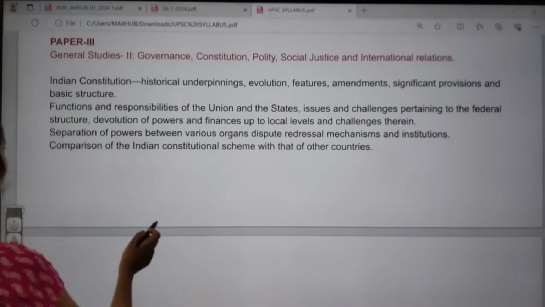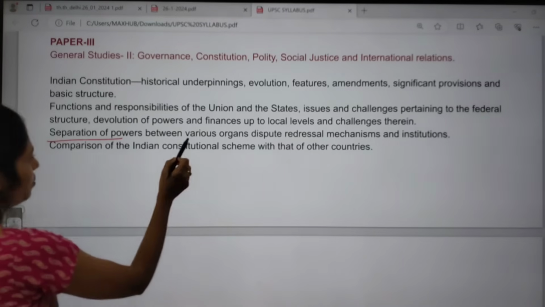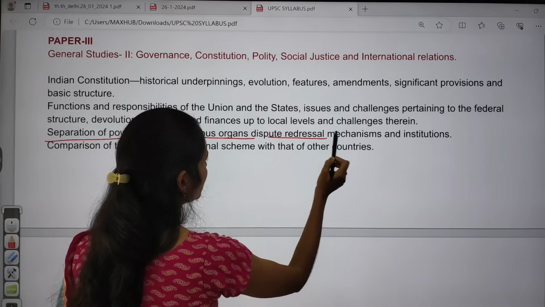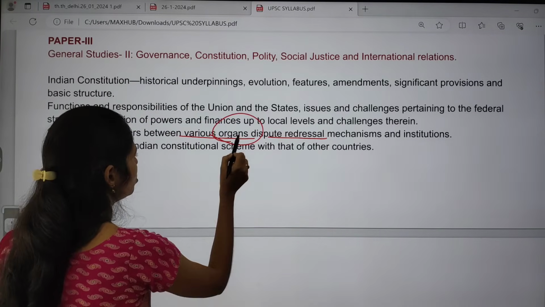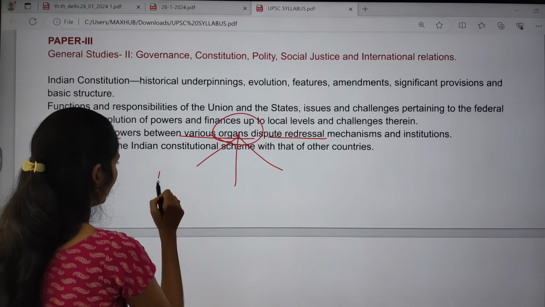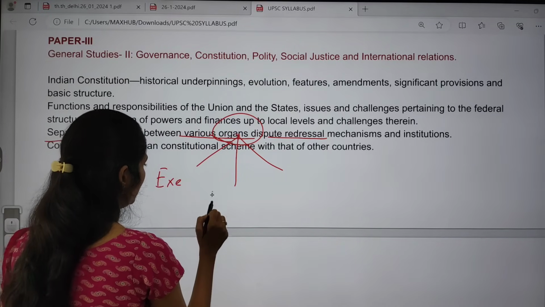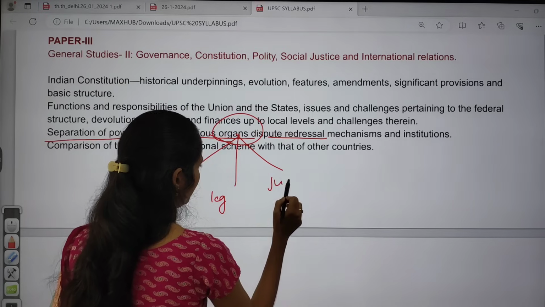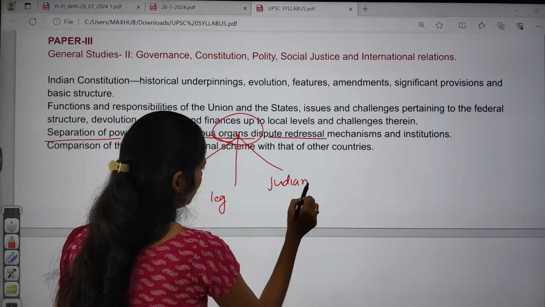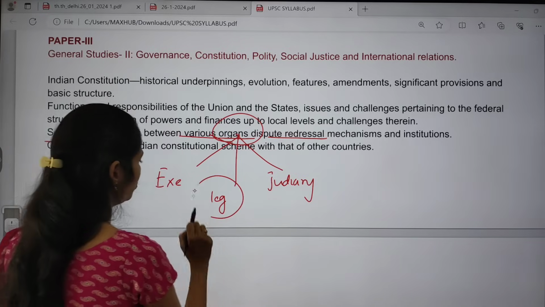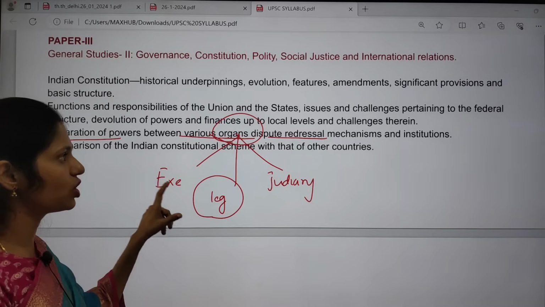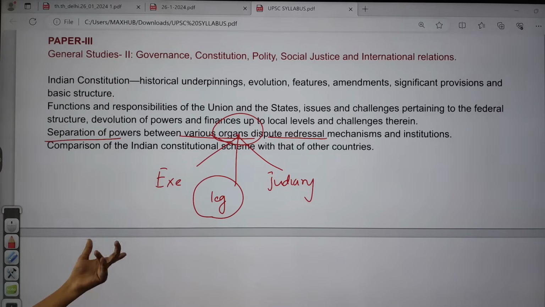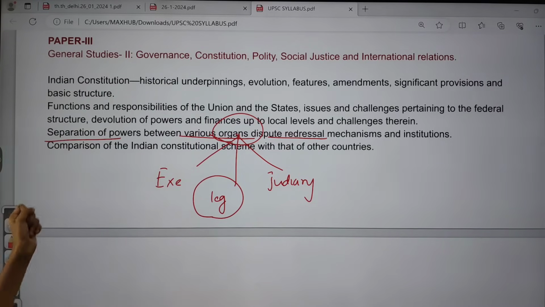Yes, you can see here: separation of powers between the various organs, dispute redressal mechanisms and institutions. So here you can see different organs: executive, legislature and judiciary. In the legislature, you can see Parliament, and here you can see the functioning of Parliament. So this parliamentary disruptions comes under this topic.